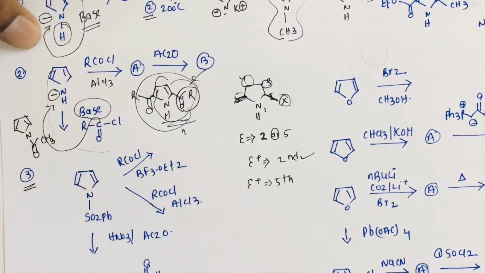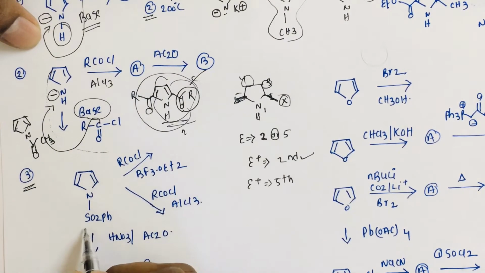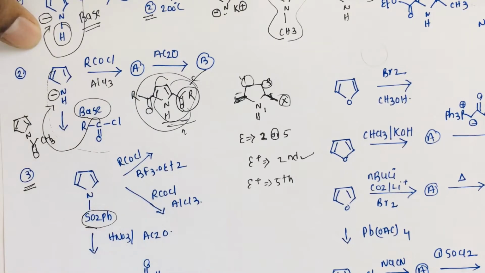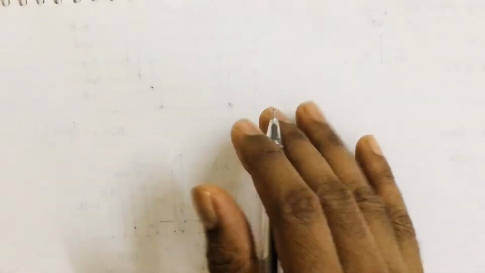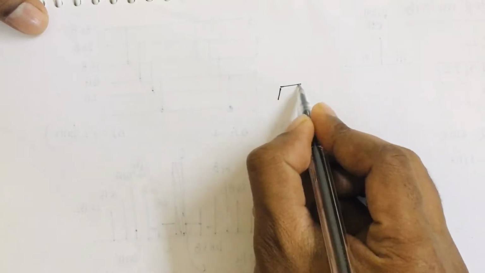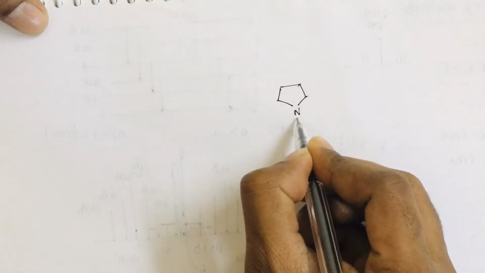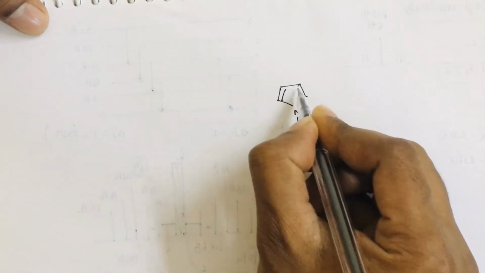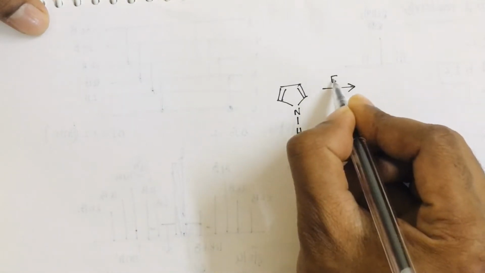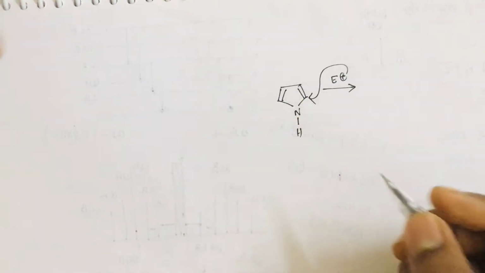Okay, and we'll see this one. This is very, very important. Here we have to talk about this substituent. When we have NH, in this case the electrophile goes to the second position in general.